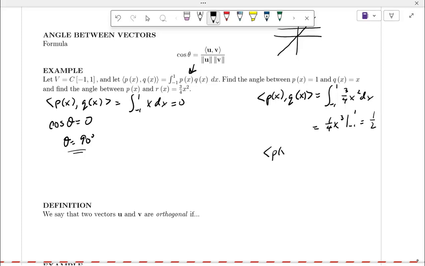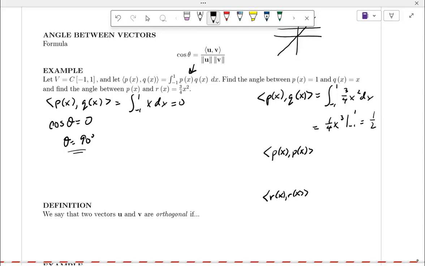The other pieces that we need are the lengths, right? The magnitudes, the norms, whatever word you want to use. We need to know the magnitude of each of those.